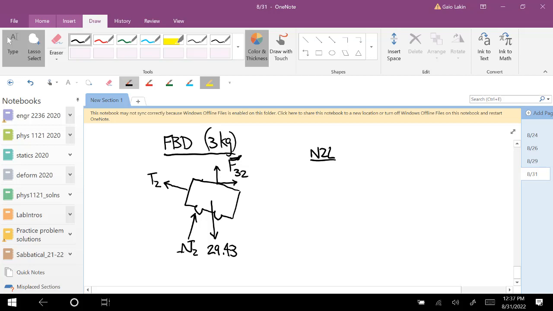So this is T2 times cosine and sine of 150. N2, that's going to be 60 degrees again. So plus N2 times cosine and sine of 60.